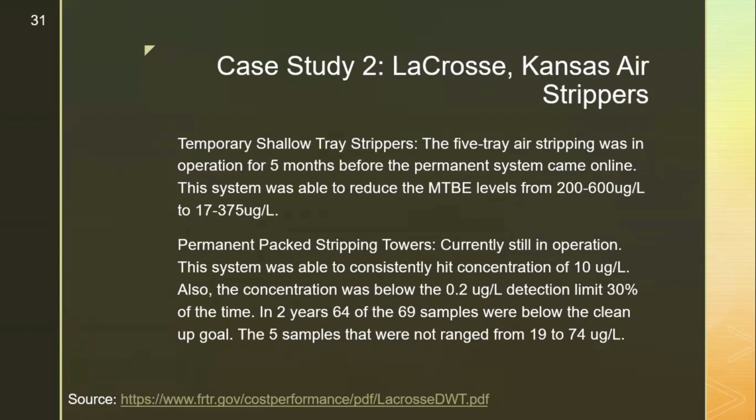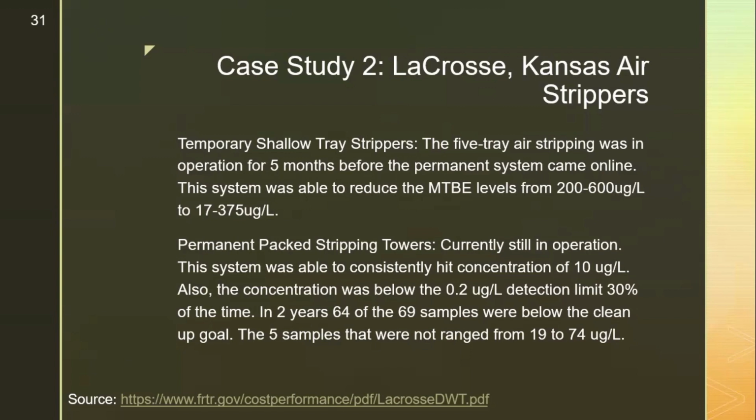The system was able to reduce MTBE levels from 200 to 600 micrograms per liter to 17 to 375 micrograms per liter, which was good, but it wasn't as efficient as they were looking for, so they put in this new system. The new system is currently still in operation, and it was able to consistently hit a concentration of 10 micrograms per liter, which is the US required amount.